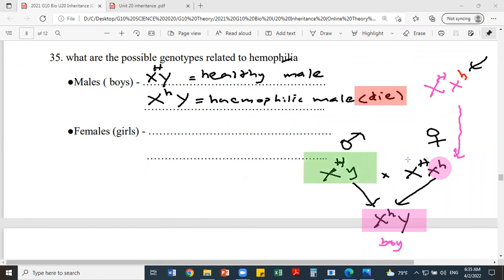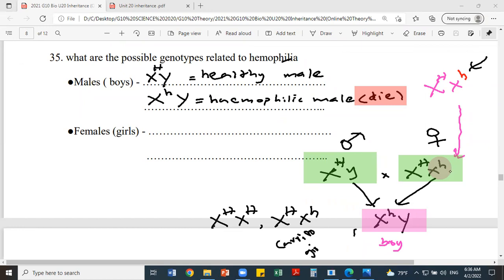Other possibilities: if the father gives X capital H and the mother gives X simple h, healthy girls are also possible. But the most dangerous thing, carrier girls are also possible. How come a carrier girl? A carrier girl is X capital H X simple h.